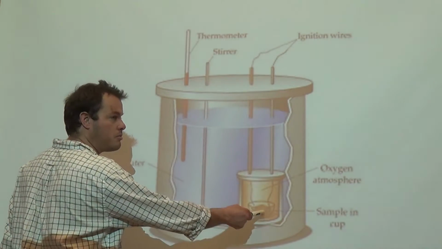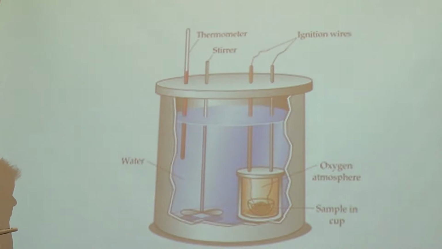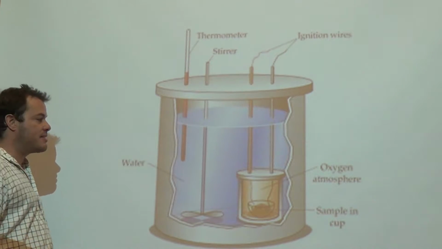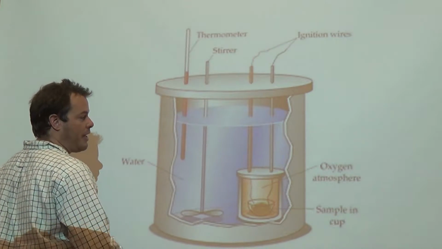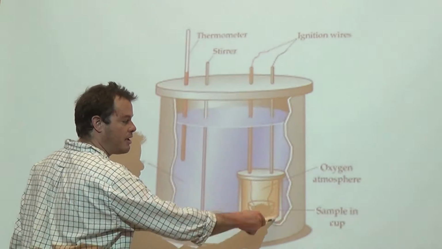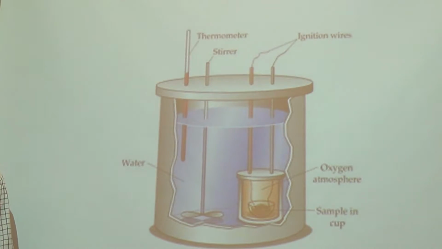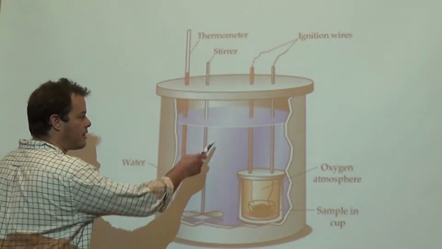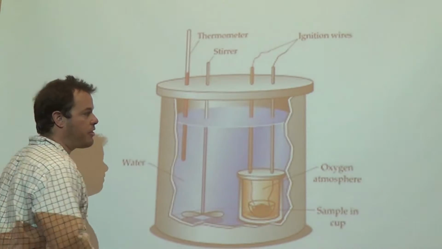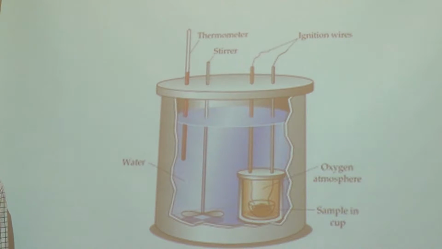We've got some reaction mixture, some reactants sitting in a chamber. That chamber is made of a diathermal material, which means that it transfers heat very easily. And outside of that, we have a bath of water that we know the mass of, and we know the specific heat of water.